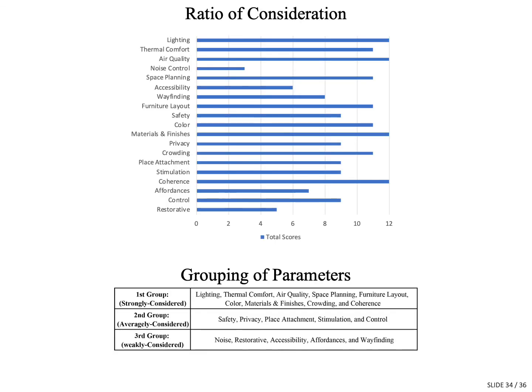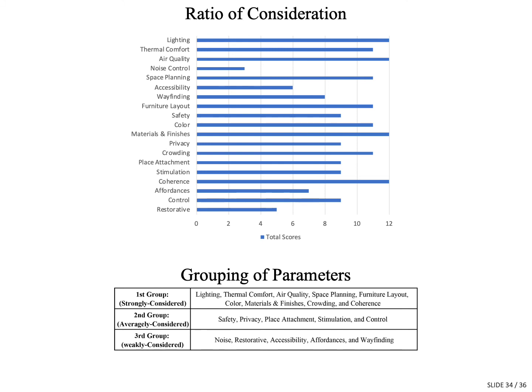Based on the sum of the consideration scores of each parameter, we can establish a ratio of consideration, and so we can see which parameters are considered well and which are considered weakly. So all of these parameters are grouped and divided into these 3 categories. First group is strongly considered, second group is averagely considered, third group is weakly considered.